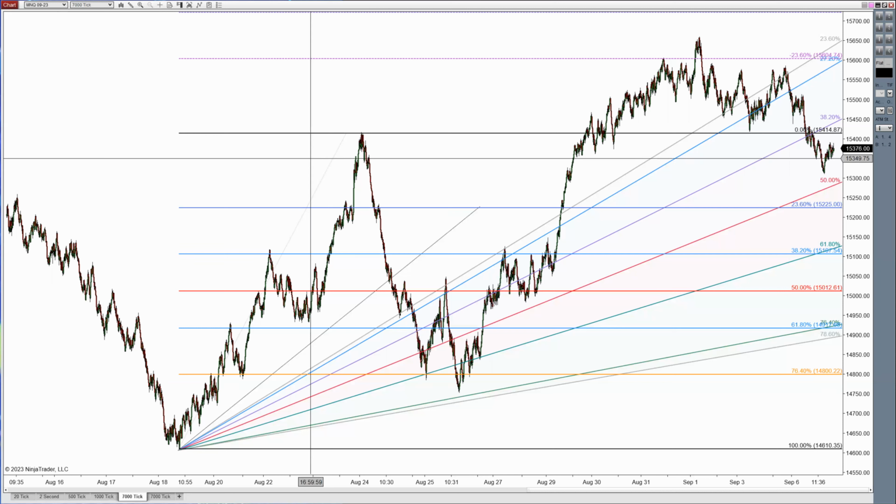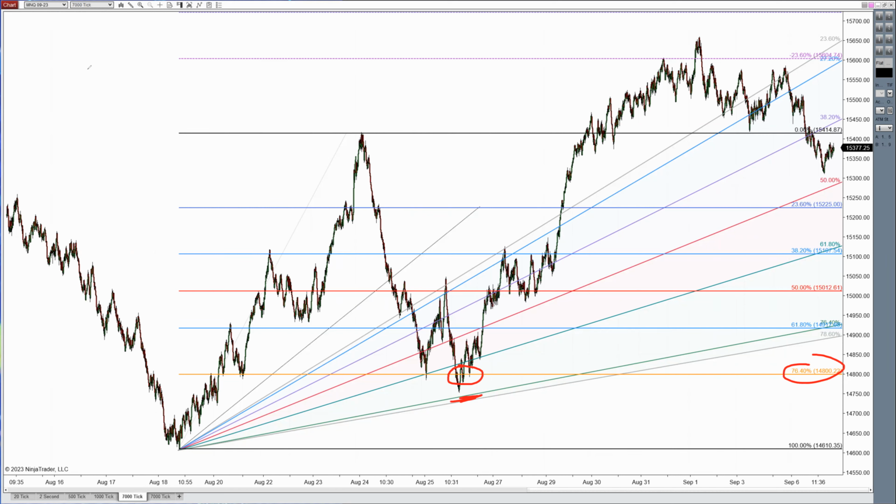So what you'll notice here is that this actually pulls a little bit through that 76.4% retracement before it hits the 76.4% fan. And what that means is that I'm typically not going to use the fib fan as a measurement tool on that particular trade. I'm going to treat it more like it would be closer to a double bottom as opposed to saying, oh, hey, if that channel breaks, I'm going to take it.